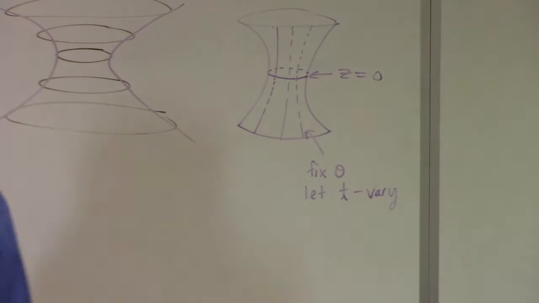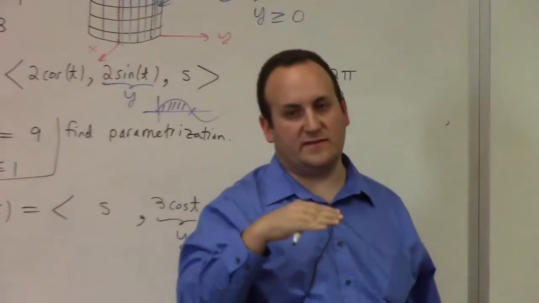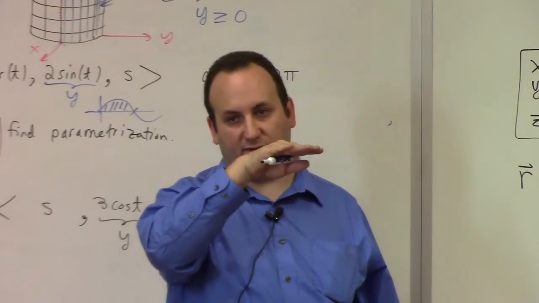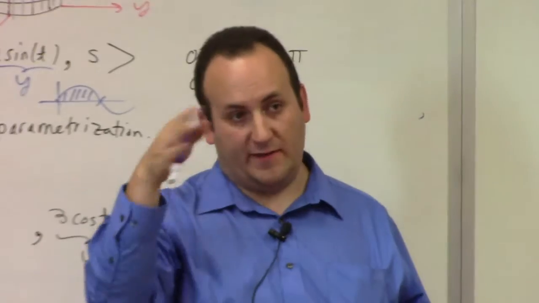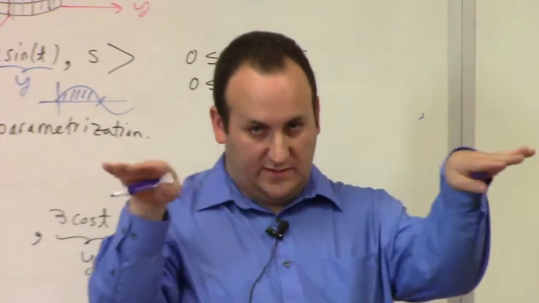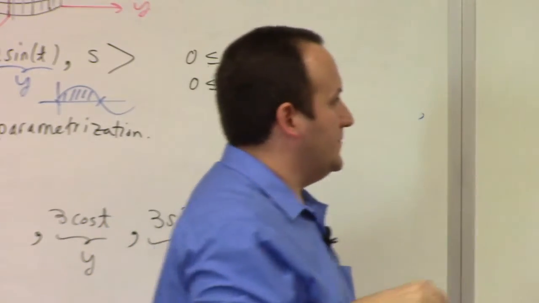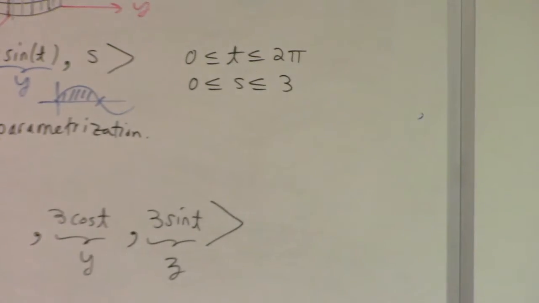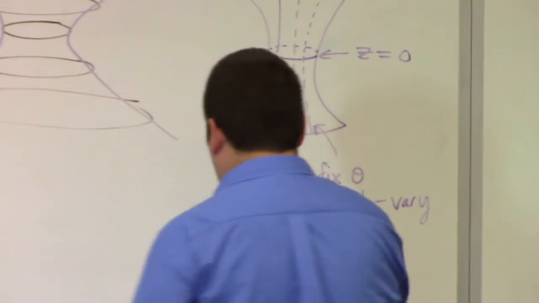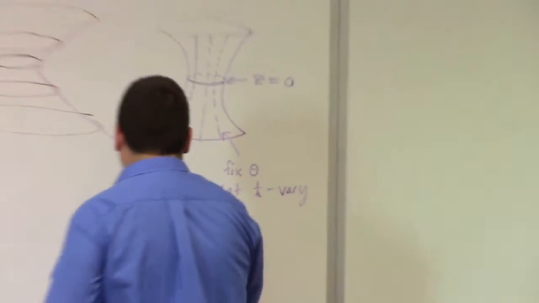On the flip side, if I fix t, right, if you put t equal to a constant, that means what? First of all, z is equal to sinh of whatever that constant is. So it's in a plane. And so if I look at t equals a constant, what is it? Let's say t equals t naught. What's that give you?